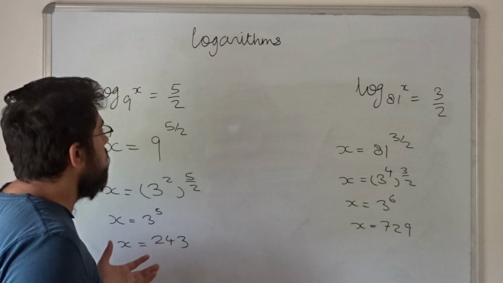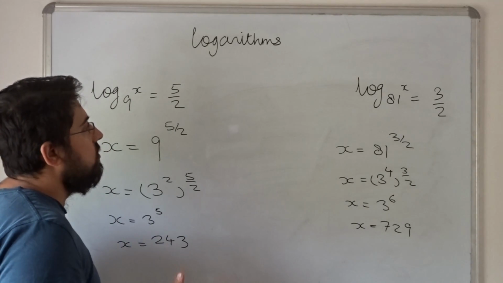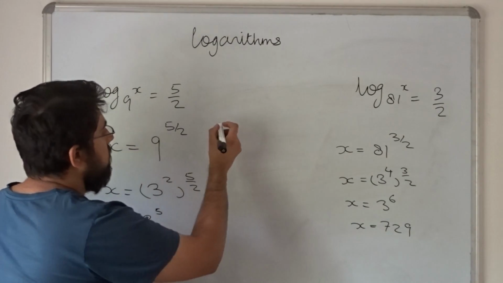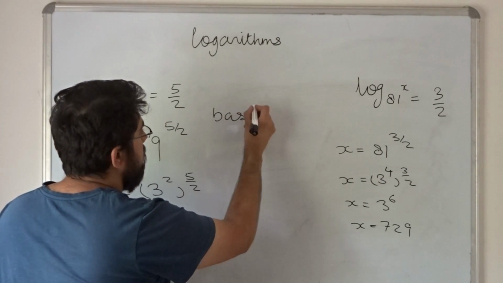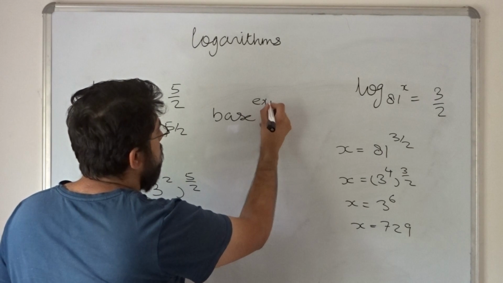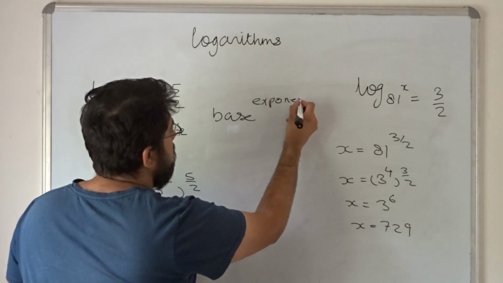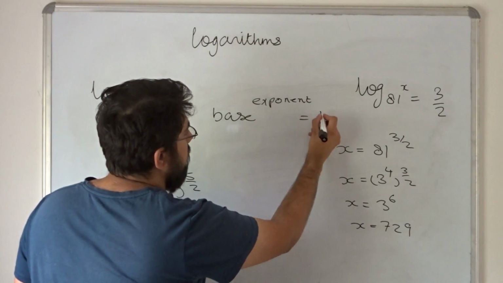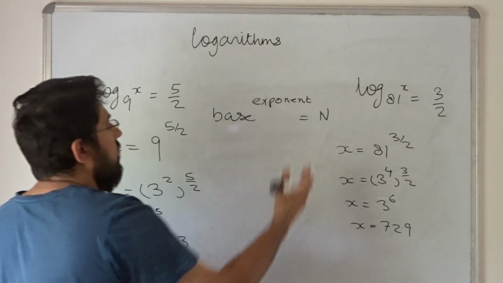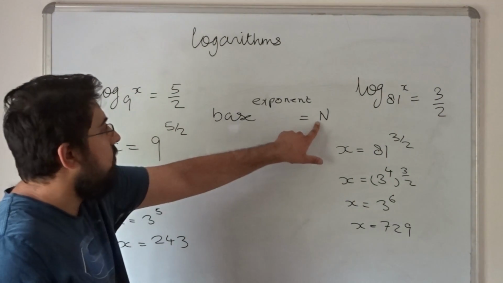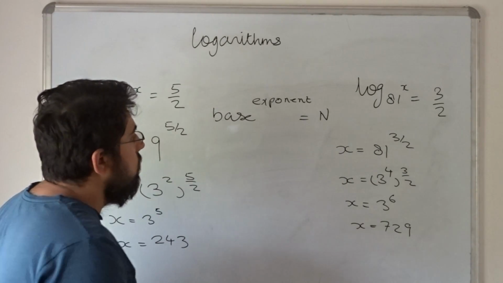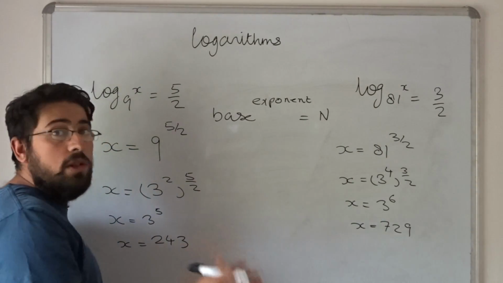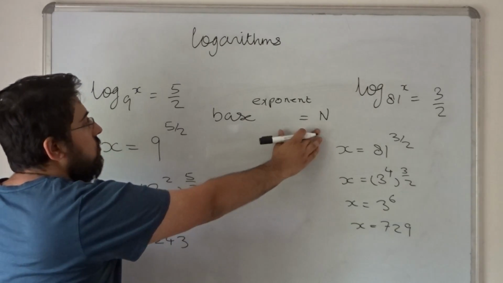So to solve all of this, let me just tell you what it is, guys. Basically, it's this. Base to the power exponent equals n. N is a natural number. Every whole number except 0 is a natural number.